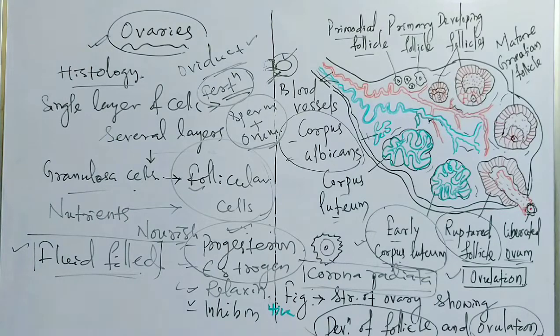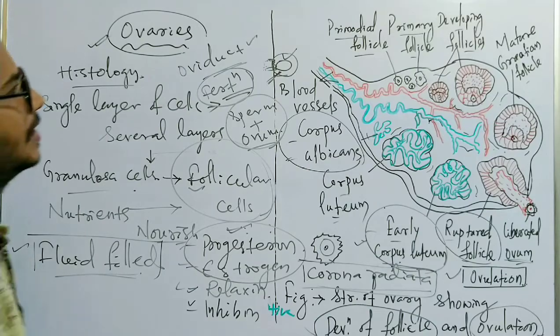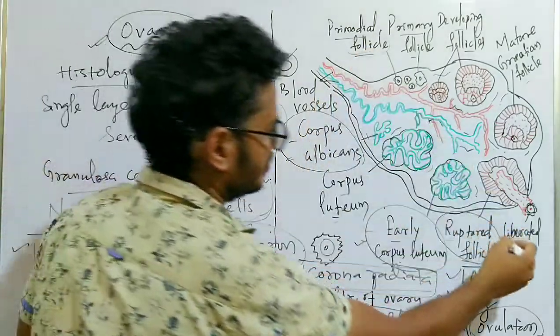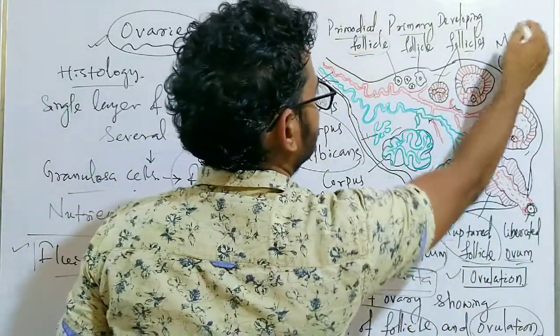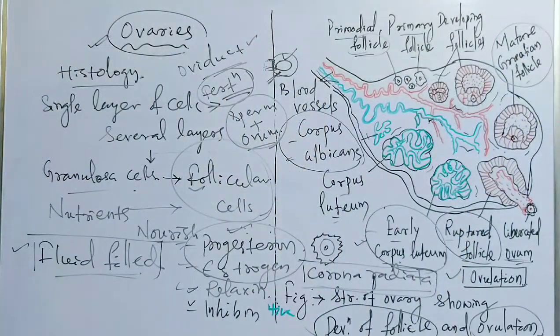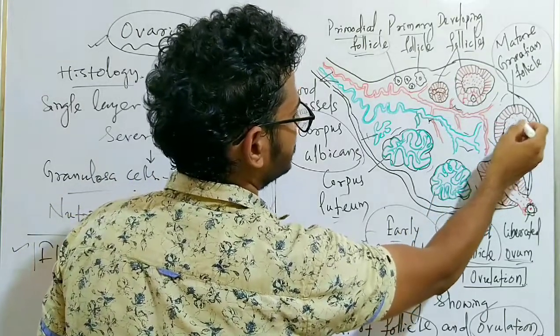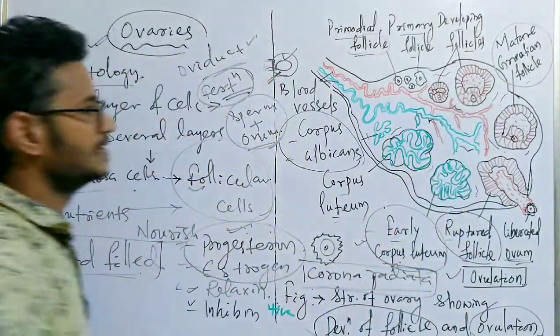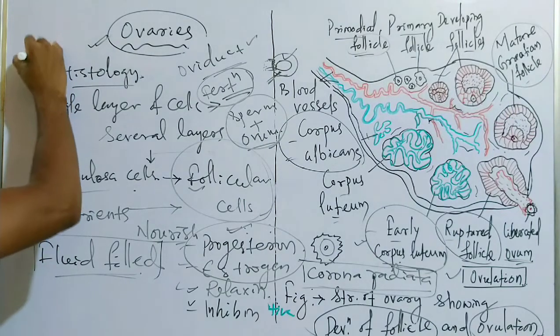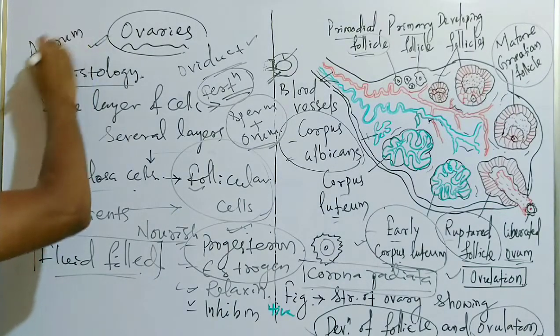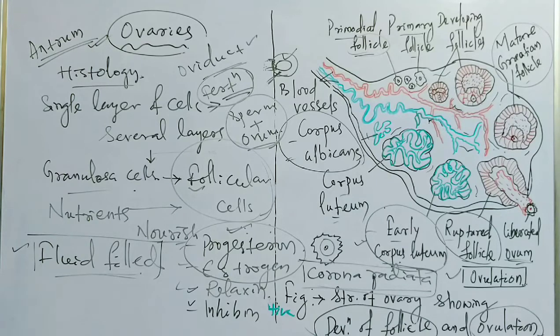Okay, so the mature stage of the follicle, remember, is known as the Graafian follicle. The Graafian follicle is the mature follicle which contains the mature secondary oocyte. And remember, the gap, the space present in these follicles, is known as the antrum. Clear?